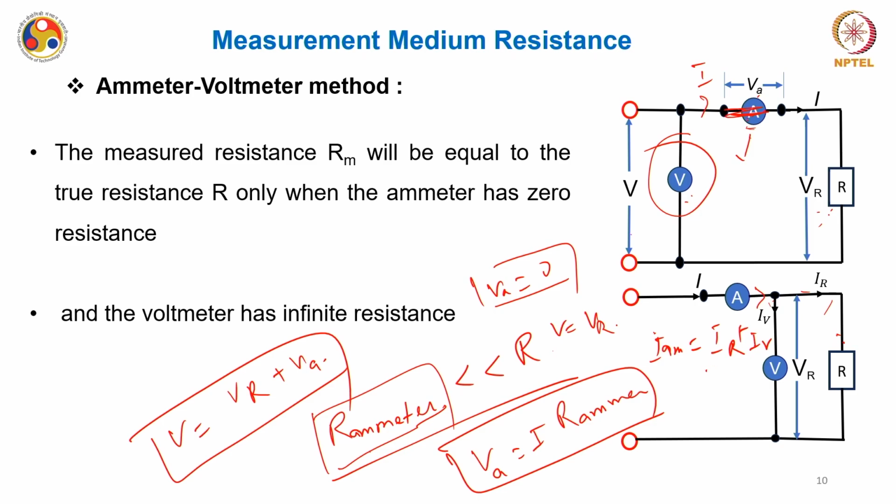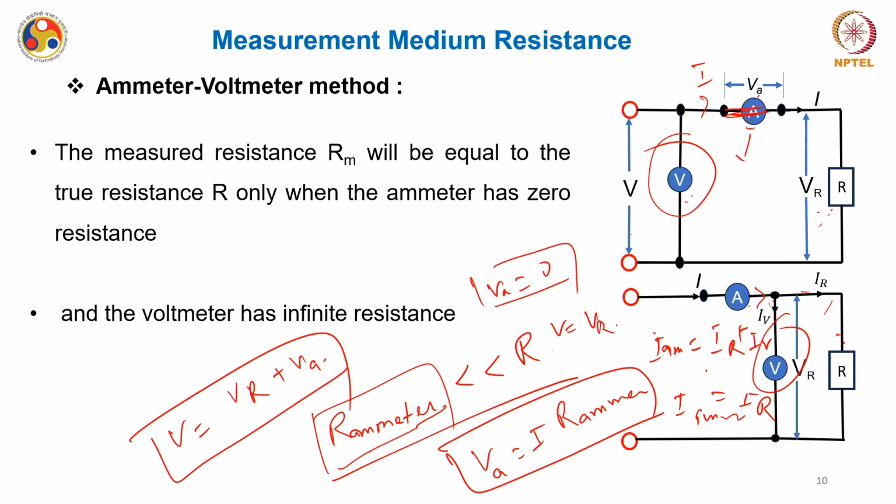Now if the voltmeter has infinite resistance, I can replace this voltmeter with an open circuit, and in that case there is no IV component. Since it is an open circuit, the voltmeter is drawing no current. When it is not drawing any current, the complete I ammeter, the current flowing through this ammeter, is equal to the current through the unknown resistor, IR.